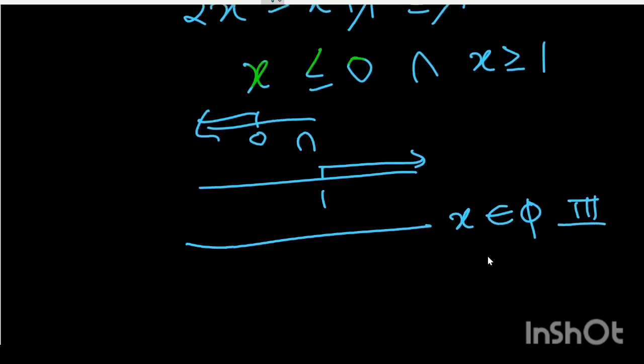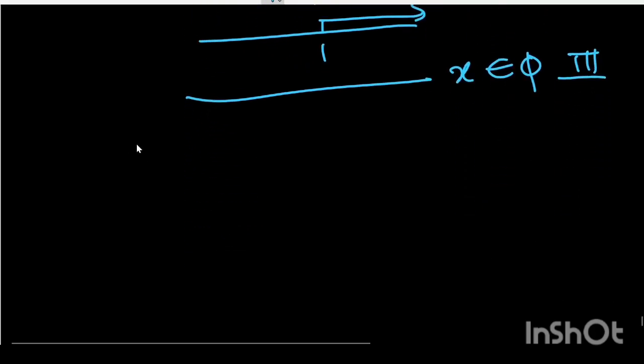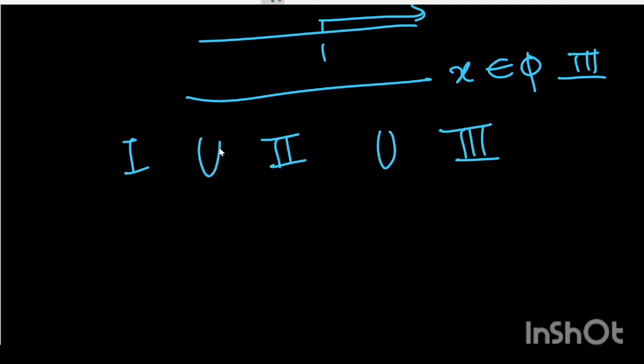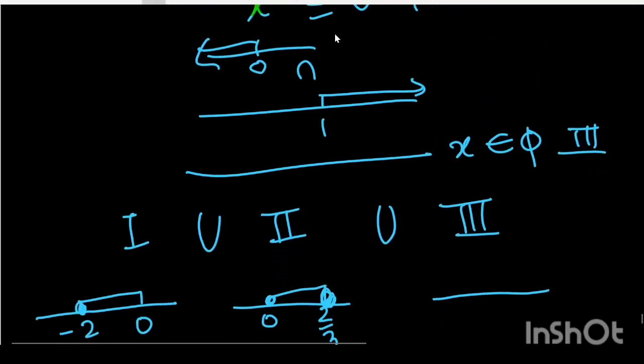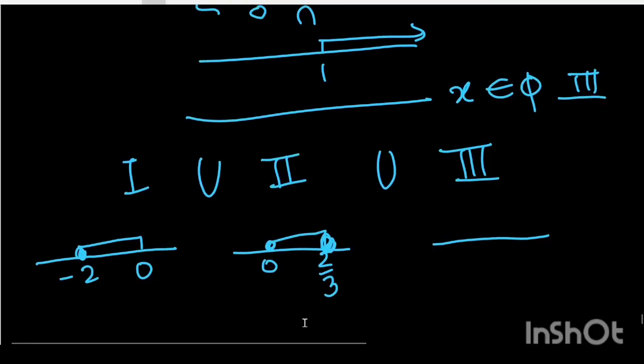So finally we will take the union of first, second and third case. The first case we got, guys, minus 2 to 0. In the second case we got 0 to 2 by 3. Third case we got nothing.